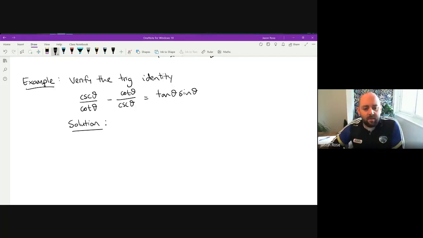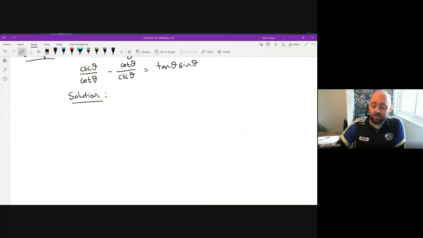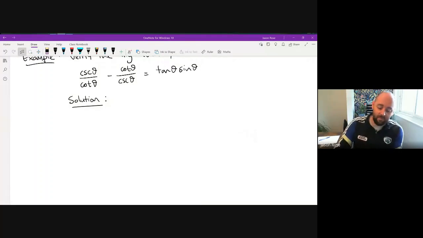I look at this one, and the first thought you should have when trying to solve these is, which side looks more complicated? I'm seeing cosecants and cotans, fractions, a minus sign between the two terms, versus just tan theta times sine theta. The left side is much more complicated, so I would start with the left side here.